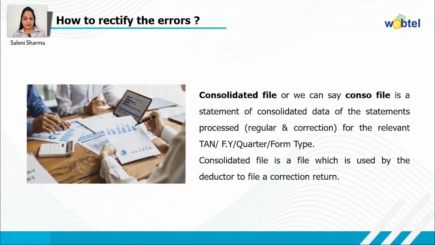So once we have identified the errors, now how we can rectify the errors that has been identified in the justification report. So the deductor needs to have a consolidate file.